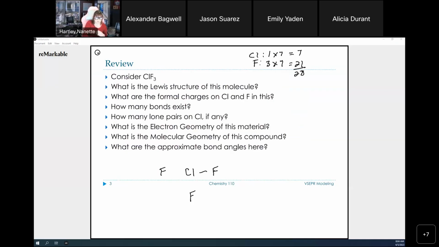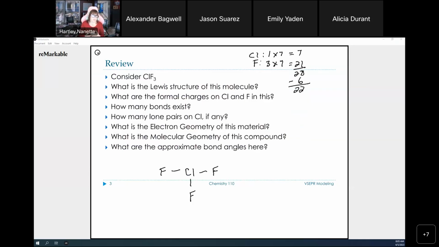So I'm going to draw 1 bond between them all. Those bonds, that line, contains 2 electrons. So given that I have 2 electrons in each, that means I have 2, 4, 6 that I've taken and used. So that leaves me with 22 electrons that I need to distribute around the remainder of the molecule.